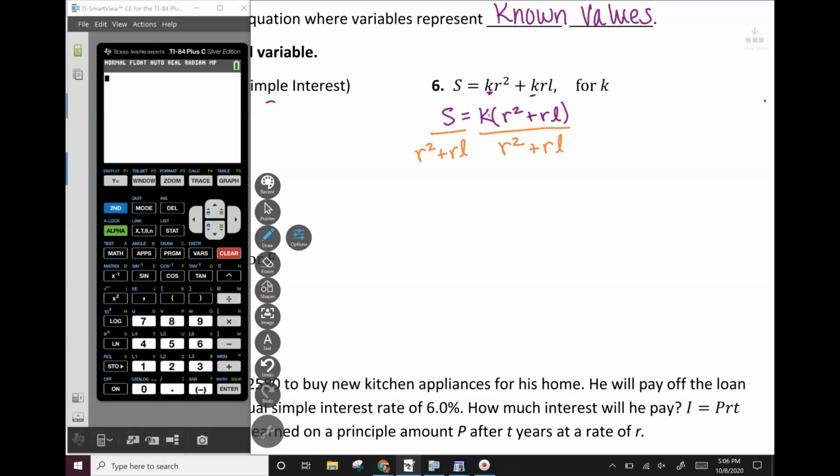So dividing by it will get rid of it. That will cancel. And all I'm left with on the right-hand side is K, which is exactly what I wanted. I wanted to solve for K. So I've got K equals S over R squared plus RL.